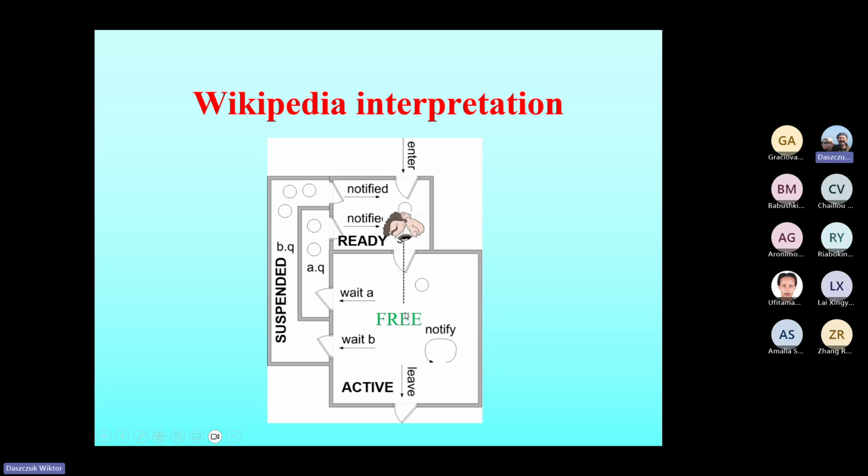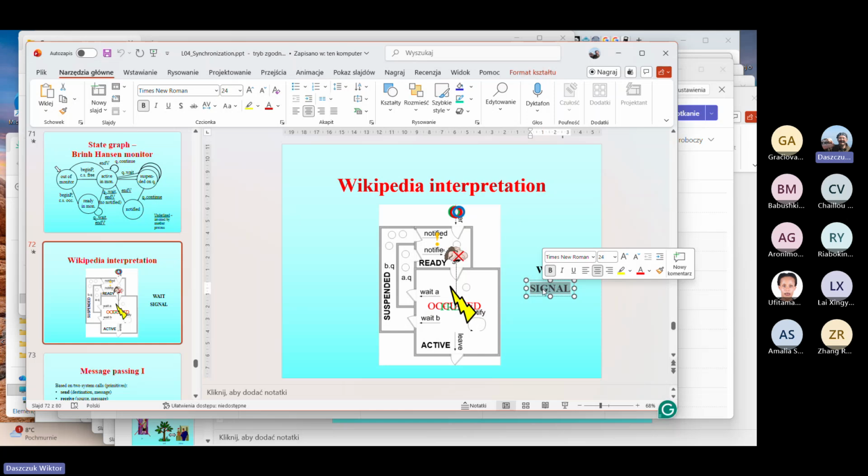If the critical section is free, it takes the critical section. If a process looks at the critical section that is occupied, it waits on entry to the monitor. When a process waits, it can let another process enter the monitor. And when the process executes signal, here it is called continue.